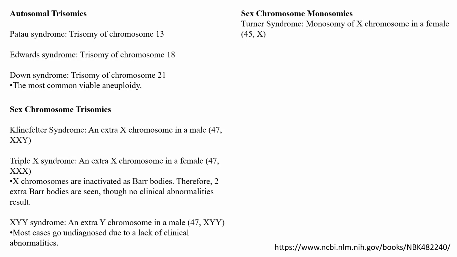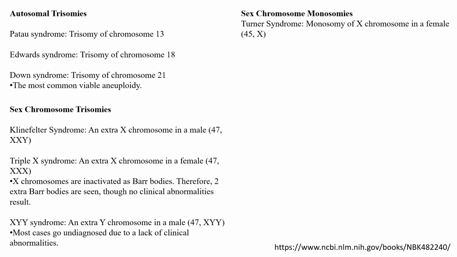Of course, there are some issues with the mental faculties, and there are some health complications that come up, but overall the person with Down syndrome is healthy, normal, can survive, can live day to day. They just have some learning problems. So this is the most common viable aneuploidy, Down syndrome, and that is the trisomy of chromosome 21. This person will have an extra chromosome 21 in their cells.